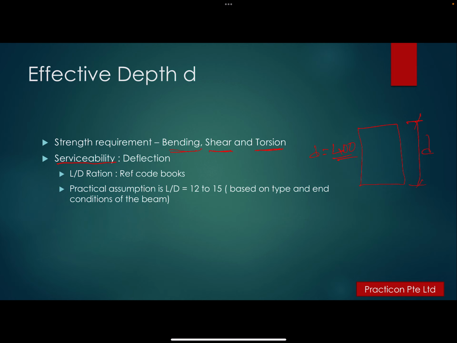We need to check what serviceability conditions are required. For the several types of beams, simply supported beam, cantilever beam, continuous beam, an L by D ratio is provided, and we need to check based on the length what minimum depth is required for that particular length of the section. So these checks are required on top of the strength requirements.